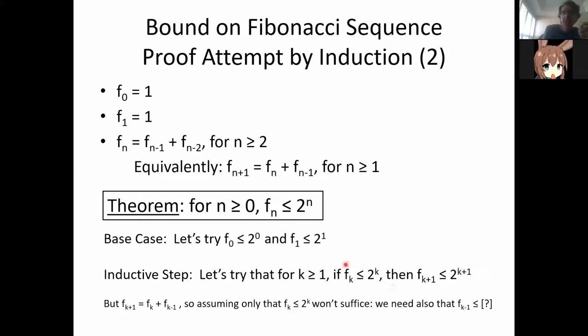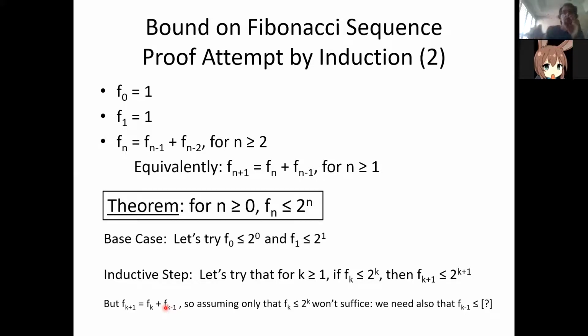But based on this inductive hypothesis, we can only assume that this guy is upper bounded by 2 to the k. But what about this one? This inductive hypothesis says nothing about any upper bound on this object. Now, you might be like, well, but didn't I use induction, in the previous step of the induction, to prove that this object also is bound by this bound, right?